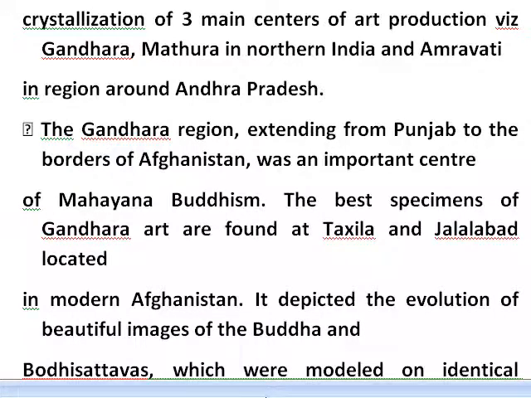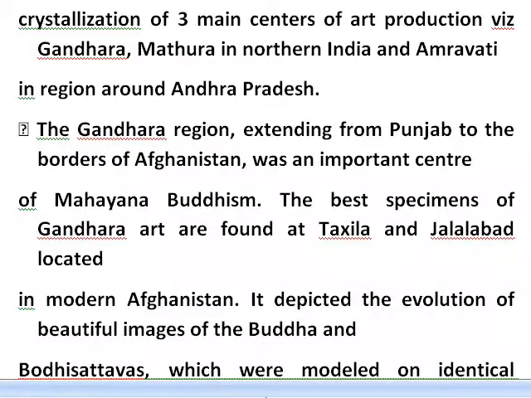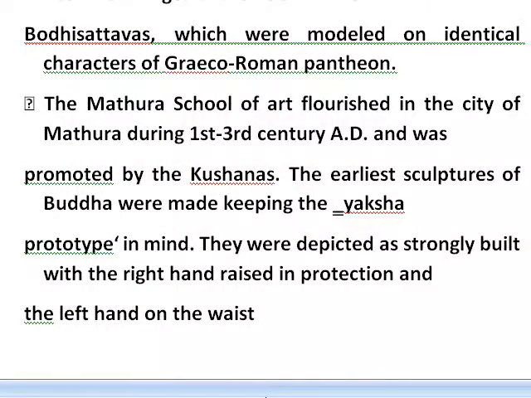The best specimens of Gandhara art are found in Taxila and Jalalabad, located in modern Afghanistan. It depicted the evolution of beautiful images of the Buddha and Bodhisattvas, which are modeled on identical characters of the Greco-Roman pantheon.